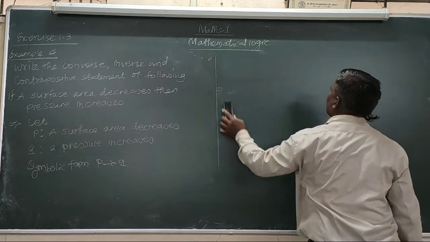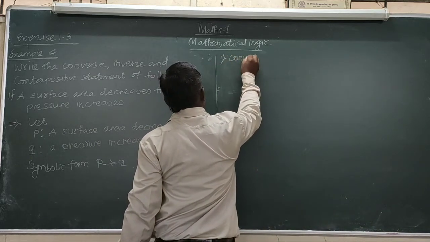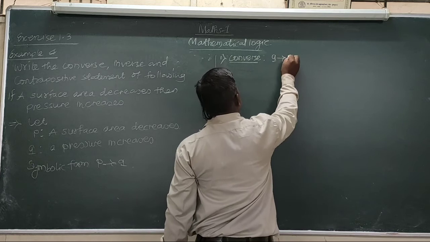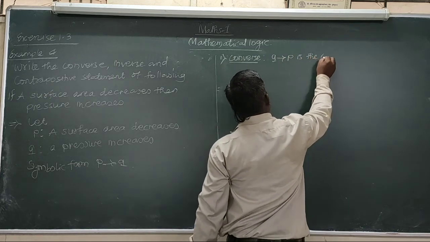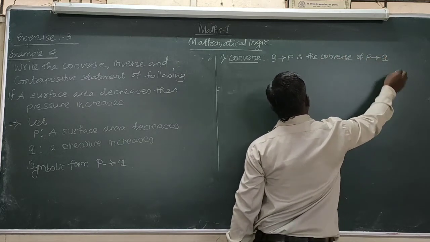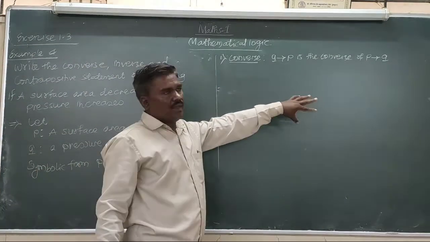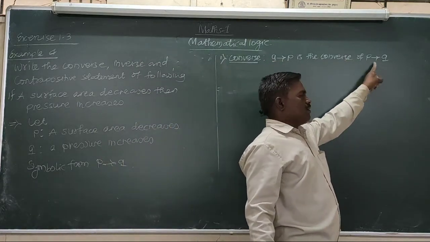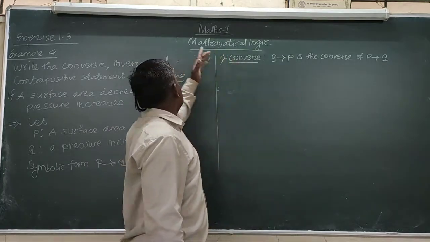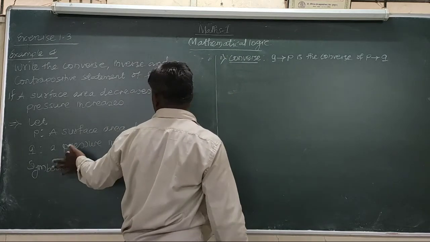First is the converse of this statement. The converse is Q implies P, the converse of P implies Q. Do we only write it in symbolic form? No, we have to write it in the form of a compound statement. Here Q is pressure increases.